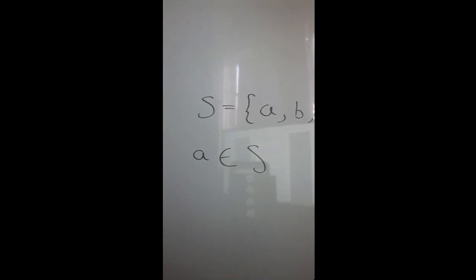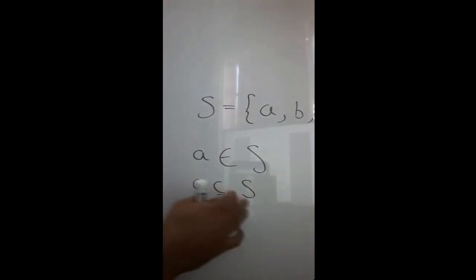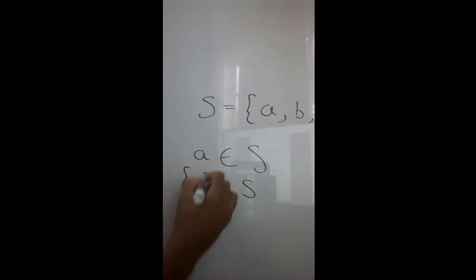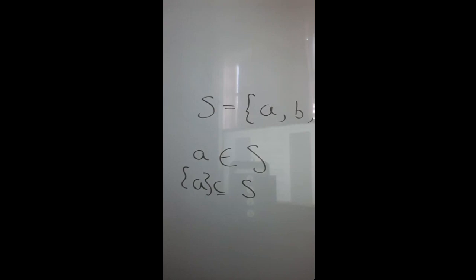Now I've seen students make the mistake of writing that A is a subset of S. We'll come to subsets soon, but this is foolishness. A member cannot be a subset of a set. An element cannot be a subset of a set. Something that is in the set is not a subset of the set. This is a subset of the set. To be a subset, you have to be a set in the first place. So this is not a set, so it cannot be a subset.